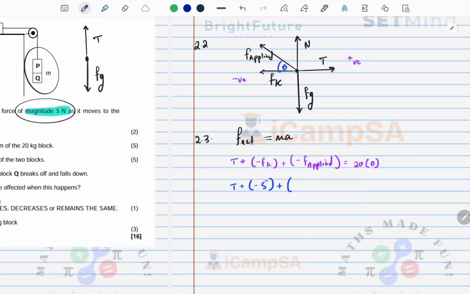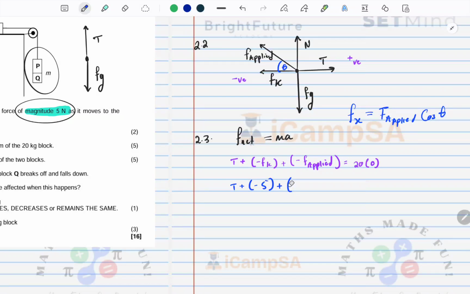So we need to find the X component. We need to use the Fx, which is your F applied X, which is going to be F applied cos theta. Okay, this is going to give you your X component.